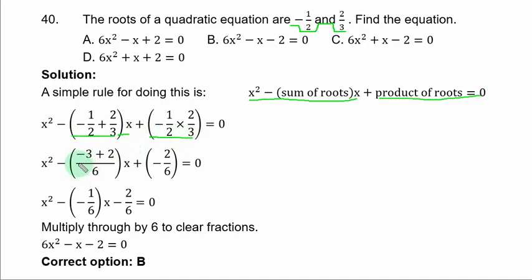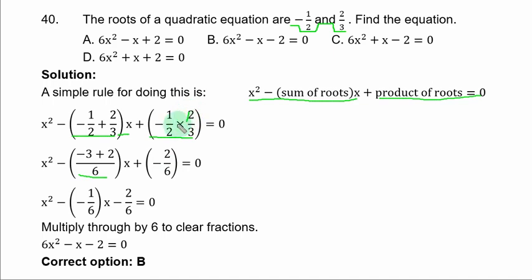The two roots being added, multiplied by S, and this is the product of the two roots. If you find the LCM in the first bracket and simplify, you have this. Under multiplication, you don't find the LCM. You multiply directly. -1 times 2 is -2. 2 times 3 is 6.